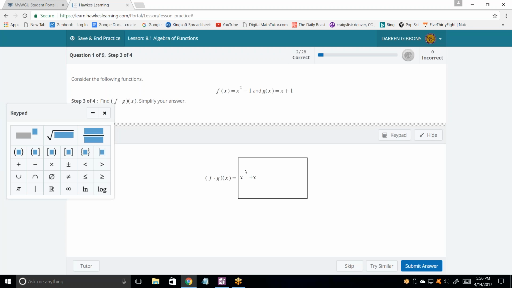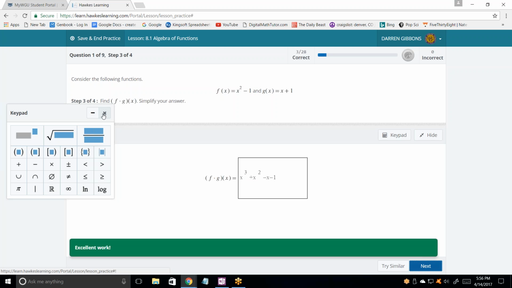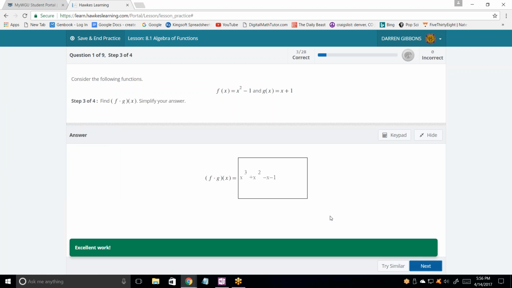Plus x squared minus x minus 1, right? Yeah. All right, so adding, subtracting, and multiplying is pretty straightforward. There's not a whole lot complicated there.